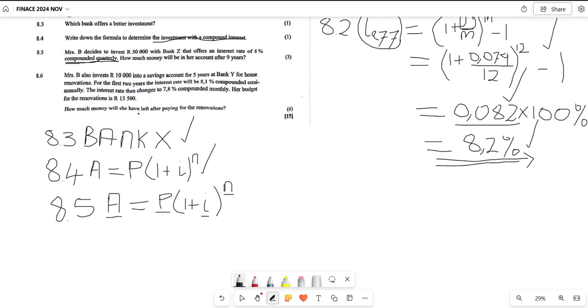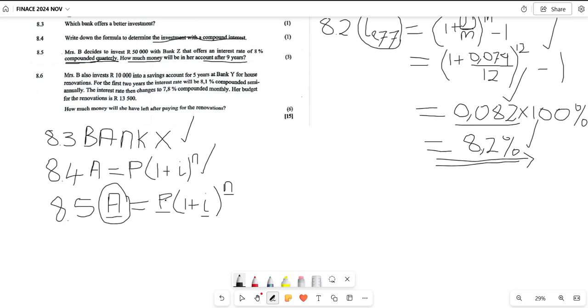Then in this case, they are looking for how much Mrs. B is going to get after 9 years. It means in this case, we are looking for the accumulated amount. Remember, accumulated is an amount that you don't have, but you are going to receive after a certain number of years. Then we call it accumulated.